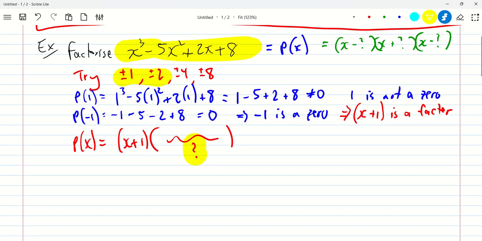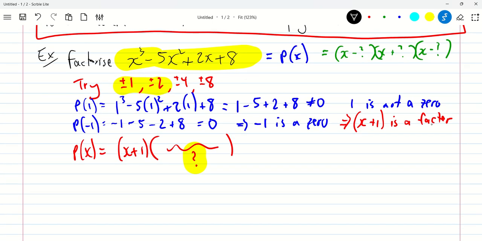This is exactly the same process as when you learnt long division in year 5 or year 6. You might have relearned it in year 7. But what we're essentially doing is, to find out what this is equal to, we're going to divide by x plus 1 to find out what's left over on that side.